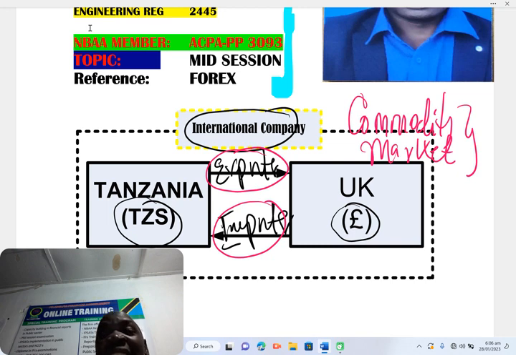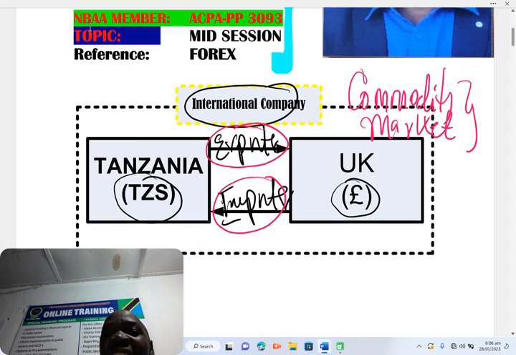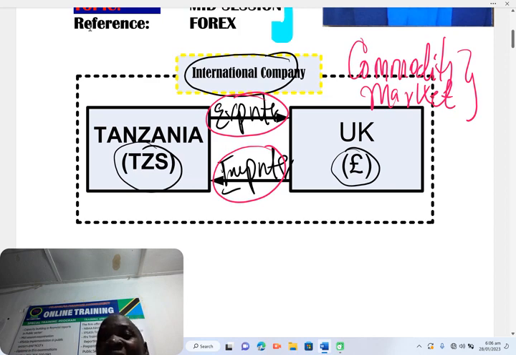Now VAT is output tax, the tax that you receive once you sell, and the tax that you pay when you buy goods. For a trader, somebody who is importing goods, that means he is purchasing.